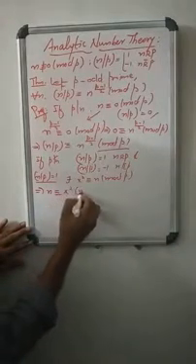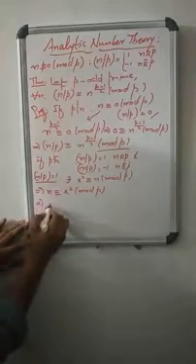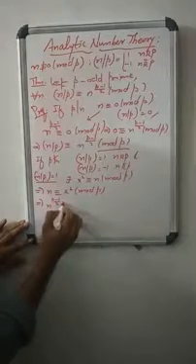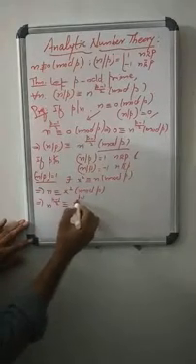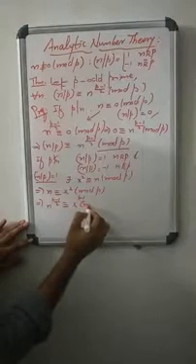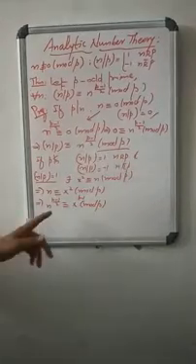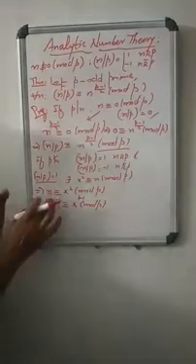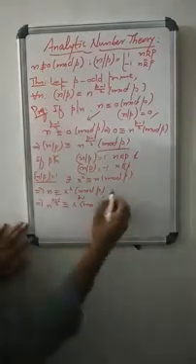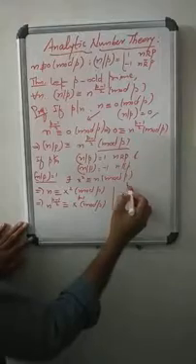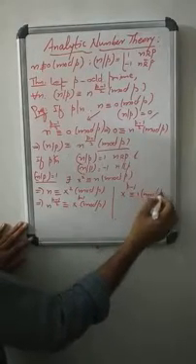So x square is congruent to n mod p, which means n is congruent to x square mod p. Then n power (p minus 1)/2 is congruent to x square all power (p minus 1)/2, that is x power (p minus 1) mod p, taking (p minus 1)/2 as the power. But we know that for any odd prime p, x power (p minus 1) is congruent to 1 mod p.